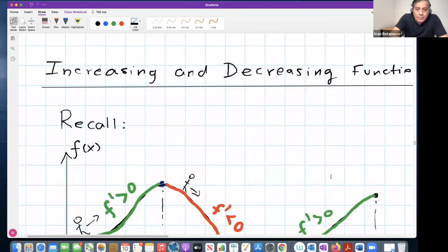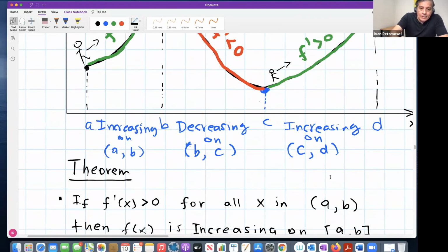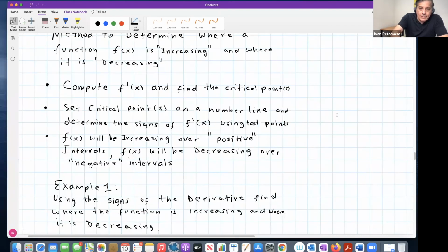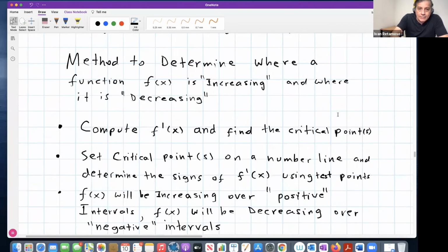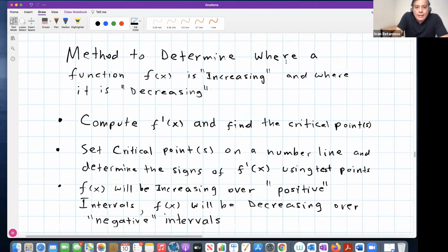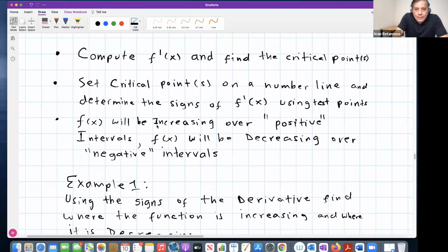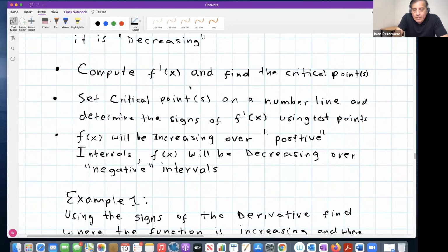So mathematicians figure out this nice method I present now that will help you tremendously to figure out when the function is increasing or decreasing. Method to determine where a function f of x is increasing and where it is decreasing. Step one, compute f prime and find the critical points. We know how to compute the critical points of a function by setting the derivative equal to 0, right?